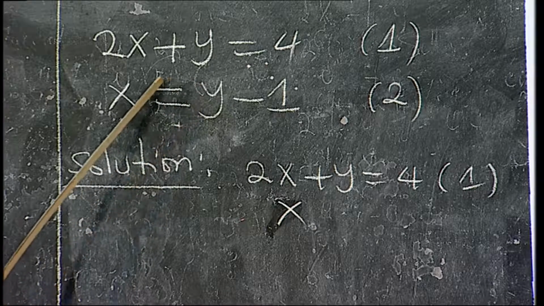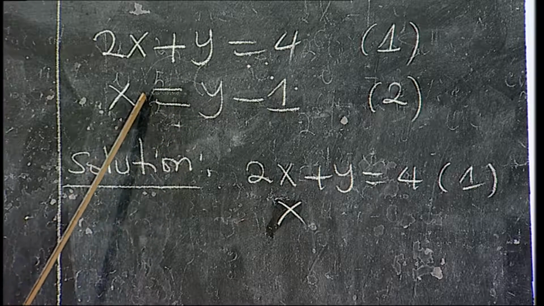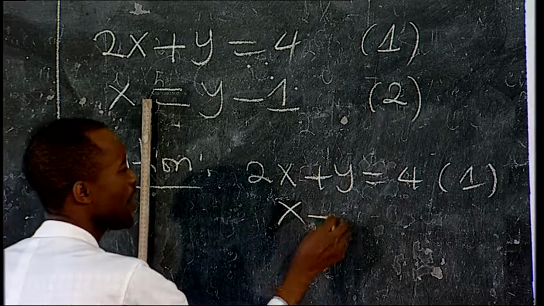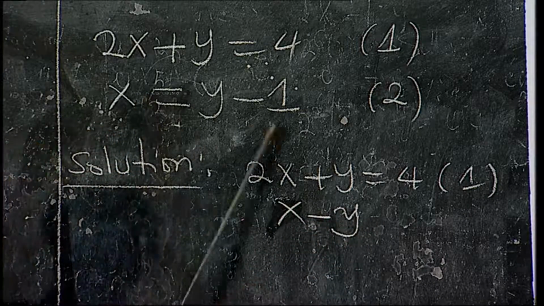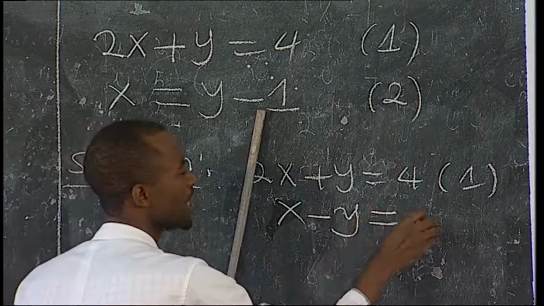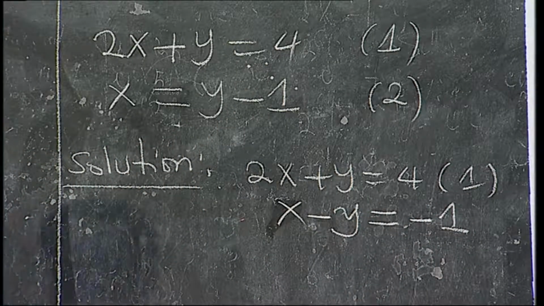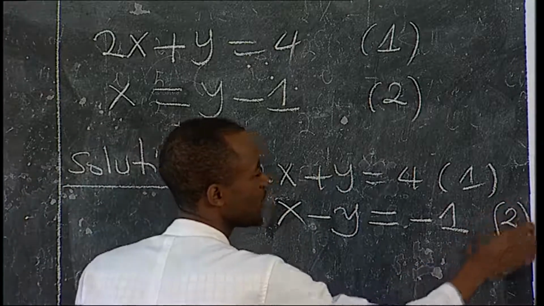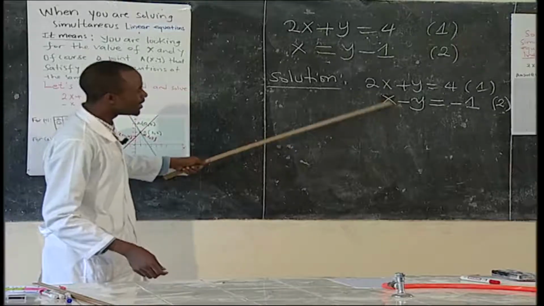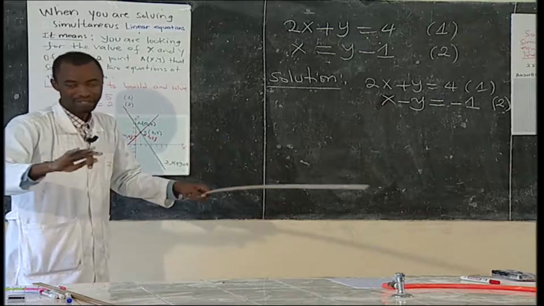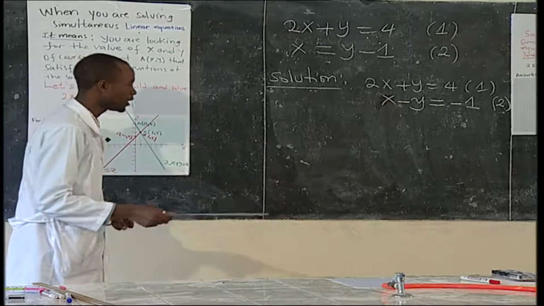When it comes here, it will be negative. I think you remember that concept. Now we have negative y equals negative 1. The 1 remains over there, and this is our equation number 2. Now we have them written in the same way, so it will be very easy for you to work on it.